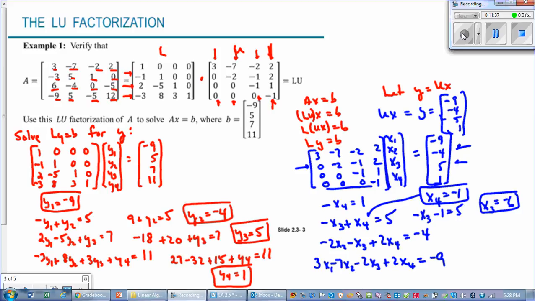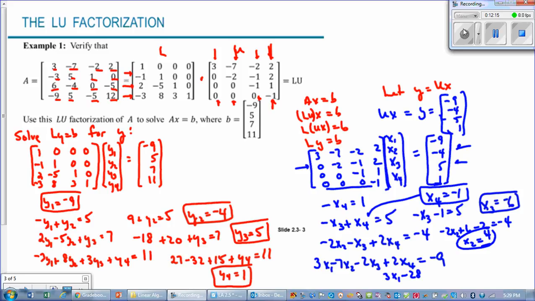And then plugging those two values in, we have negative 2x2 minus the x3, so that'll be plus 6, plus 2x4, so that'll be minus 2, equal to negative 4. So that means x2 is positive 4. And then finally, in the last equation, we're looking for x1 now. 3x1 minus 7 times x2, so that's minus 28, using this x2.